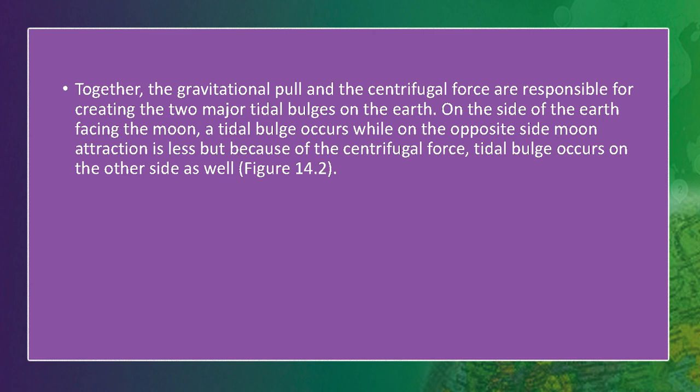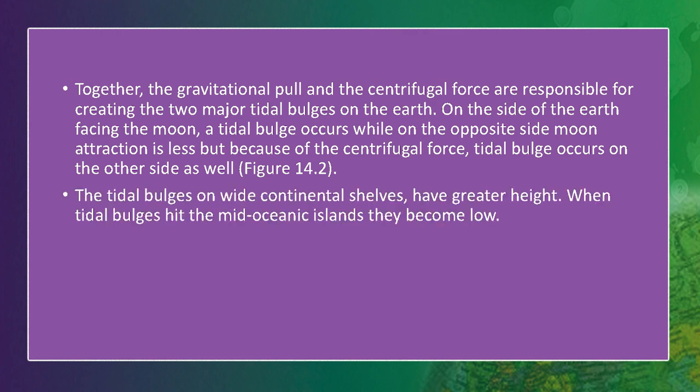One bulge occurs on the side of the earth facing the moon, while on the opposite side the moon's attraction is less, but because of the centrifugal force, a tidal bulge occurs on the other side also.